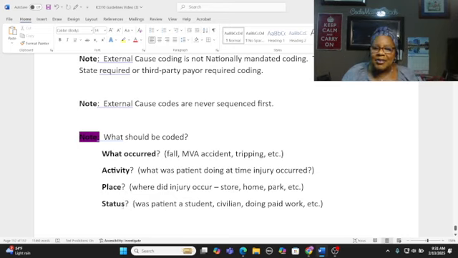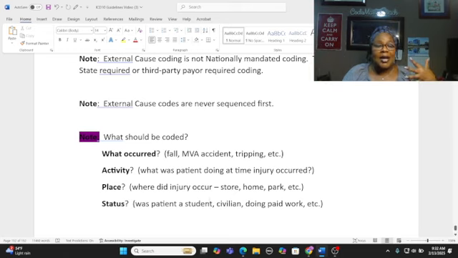And then the status. We started these external cause codes during the time when we were sending our troops over to Saudi Arabia. So we had to identify were the injuries civilian related or military. But now status has grown a whole lot more.